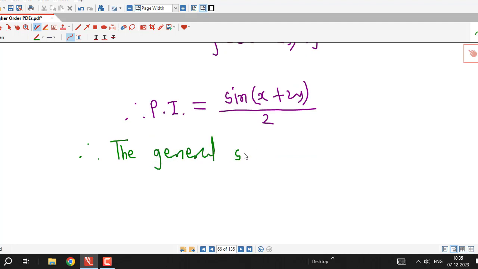Therefore general solution is, our function is z, so z equal to complementary function plus particular integral.